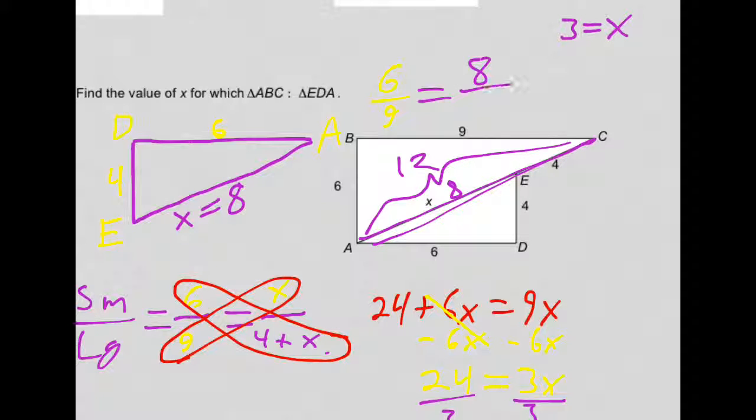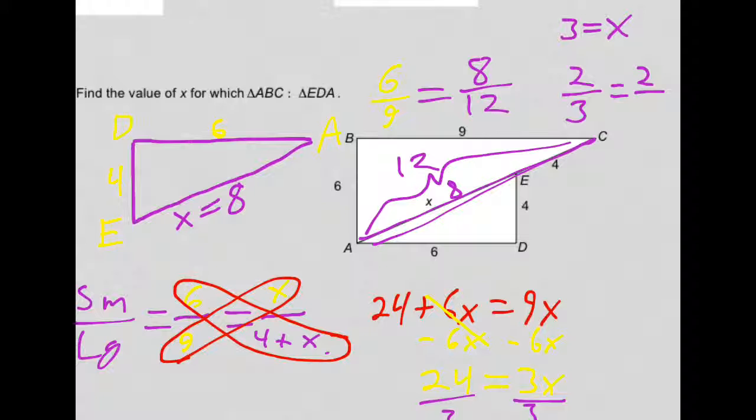And I can reduce those both down to, oops, sorry, 2 over 3 is equal to, because I divided this 6 by 3, I got 2. I divided 9 by 3, I got 3. I can divide 8 by 4 and get 2.